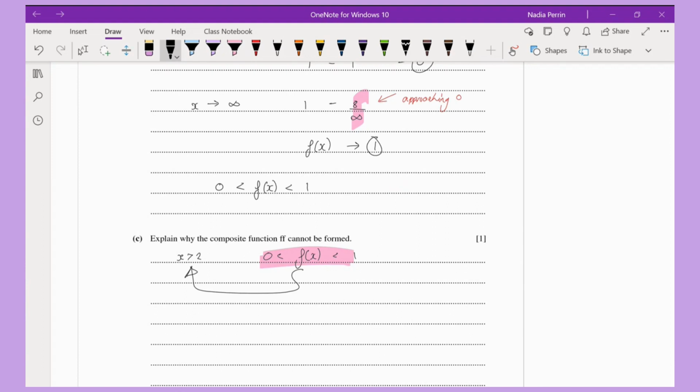So basically we say the output, or the range of f, does not include the domain, or the input, of f. Something along those lines. Just something to tell the examiner that you understand that the outputs you get from the first time you put it in are not going to be able to be put back in.